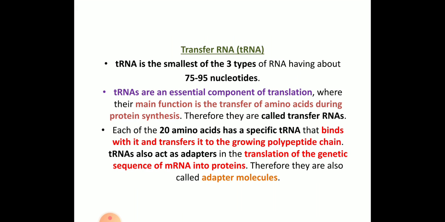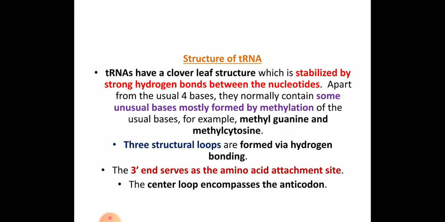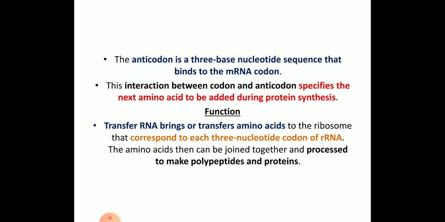It has the adapter molecules, and this structure has around 75 to 95 nucleotides in total. Its function is mainly to help in protein synthesis. It transfers amino acids and corresponds to the 3-nucleotide codon on the mRNA, to make polypeptides and proteins.